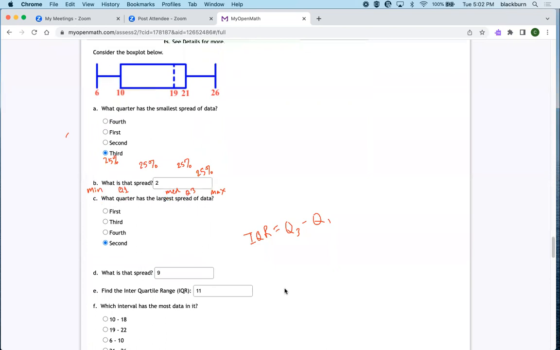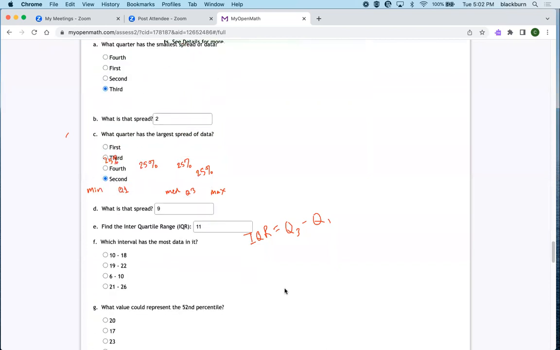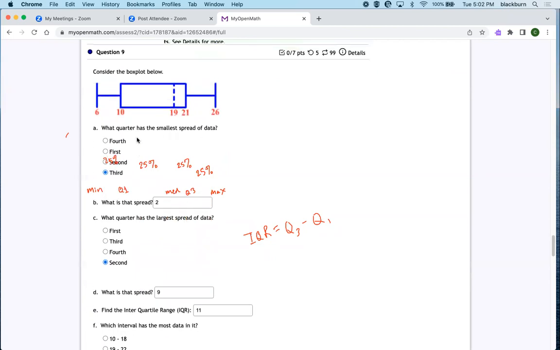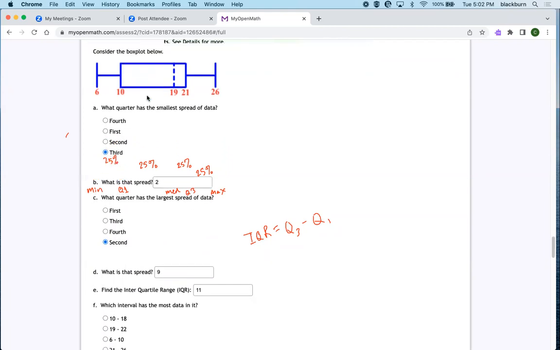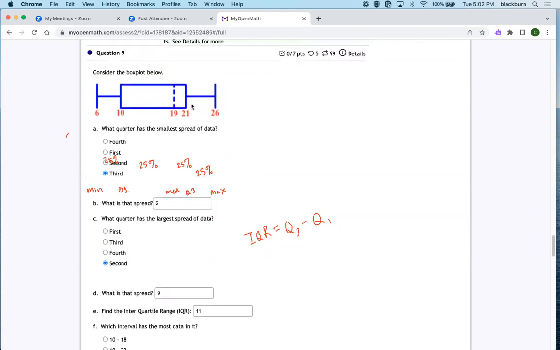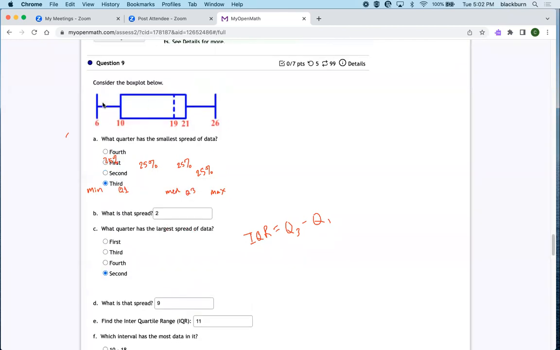Now the last one's tricky. Which interval has the most data in it? So 10 to 18 probably doesn't have 25% of the data in it. 19 to 22 is actually going to have more than 25% of the data in it, because 19 to 21 contains 25%. 19 to 22 is going to contain more than 25%. 6 to 10, that contains 25%.